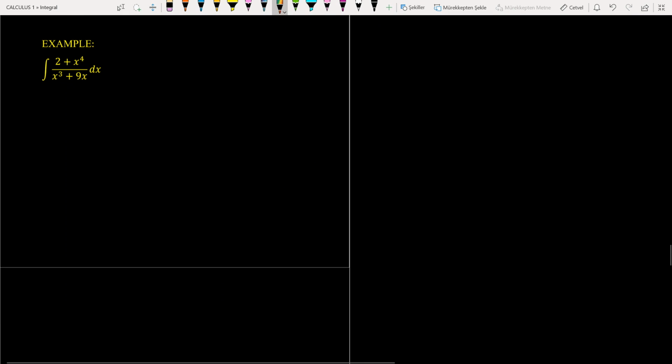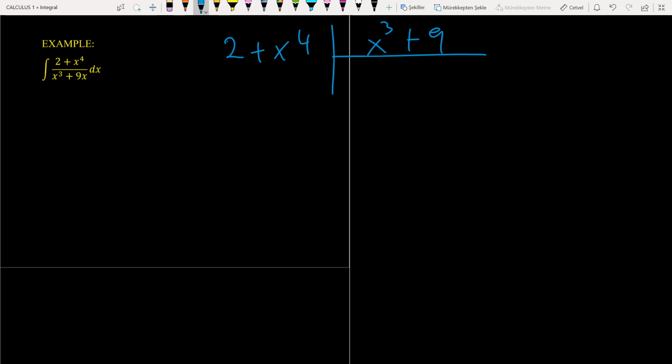Another question: the degree of numerator is bigger than the degree of denominator, so we do long division again. 2 plus x to the power 4 divided by x cubed plus 9x. So you have x to the power 4 plus 9x squared.